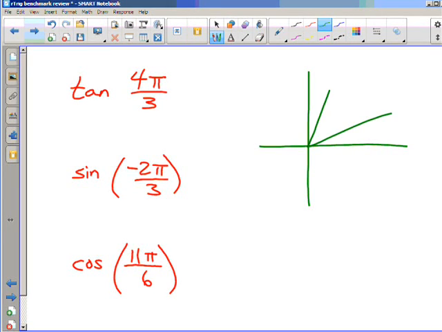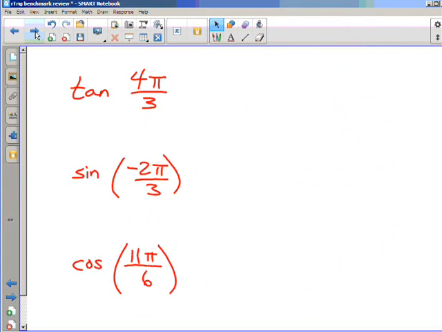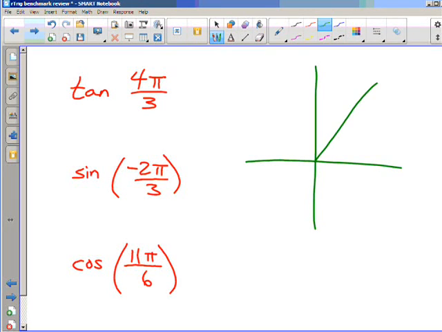Continuing on, we know 1/3, 2/3, and then this of course is 3/3 pi. So 4/3 is going to be down here.